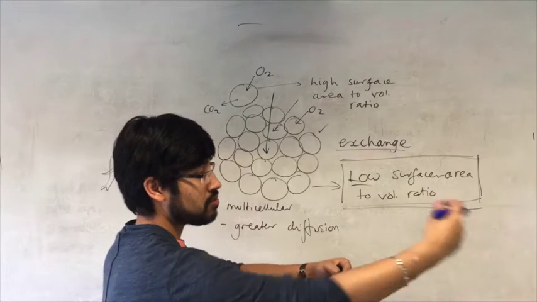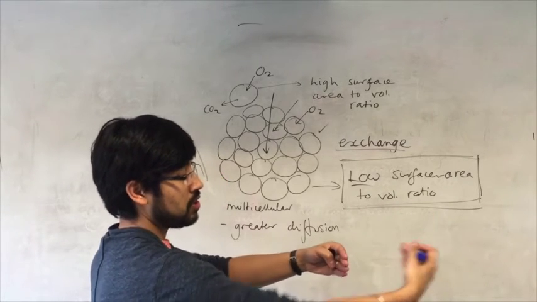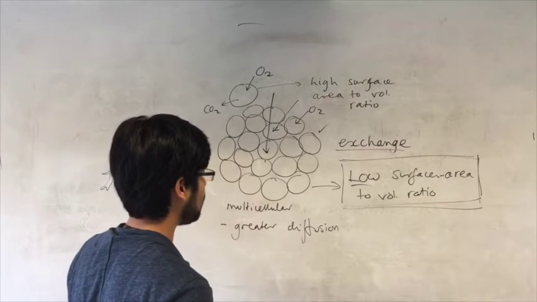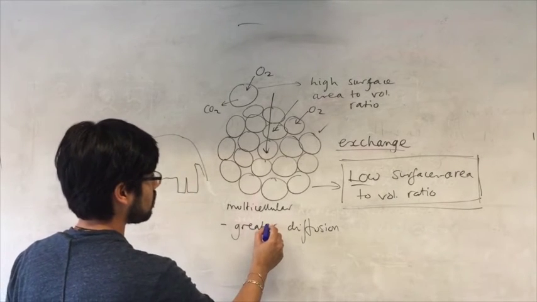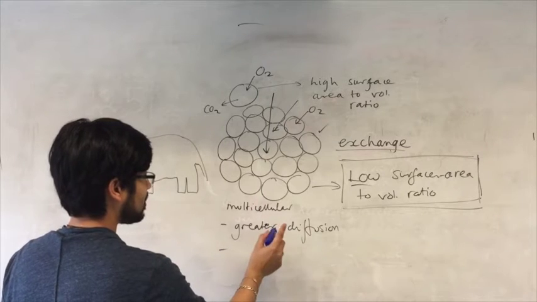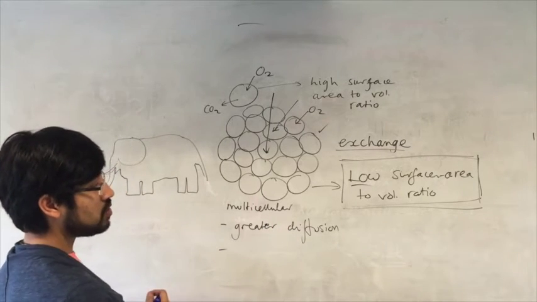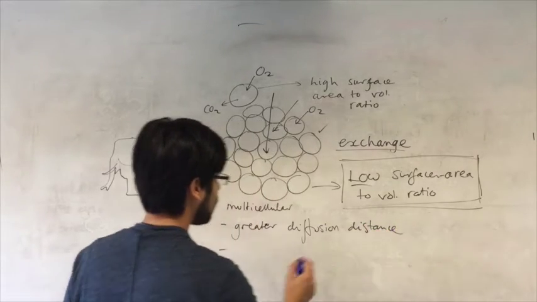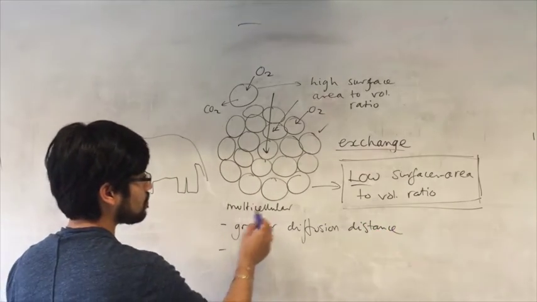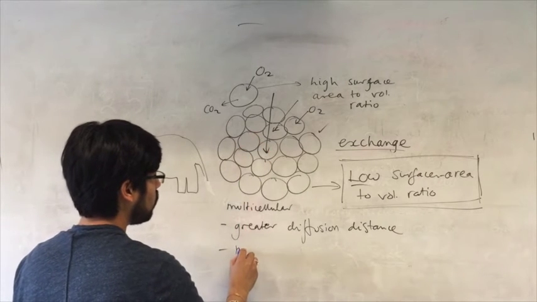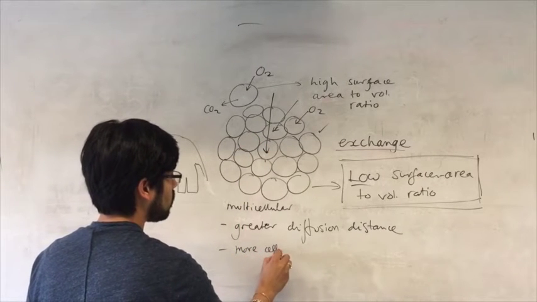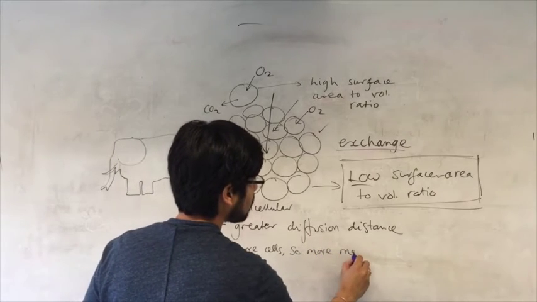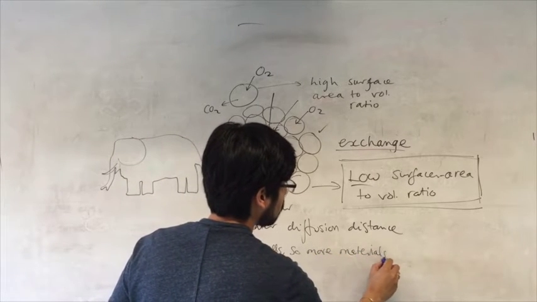It's more distance from the surface where there's oxygen to inside the organism where there might be cells that also need that oxygen. And secondly, there are more cells, so more materials are required.